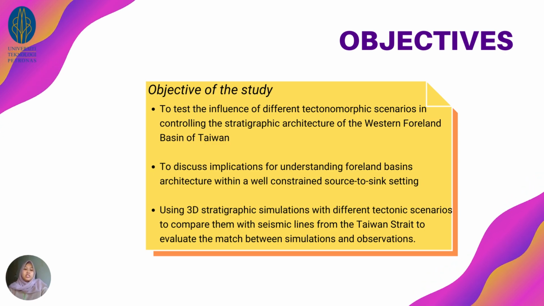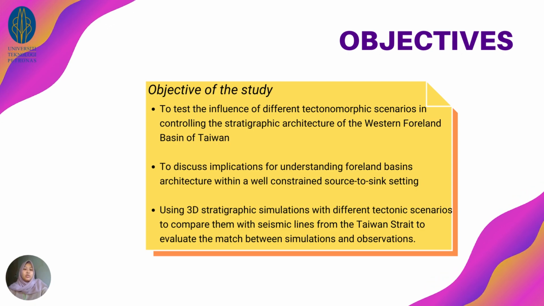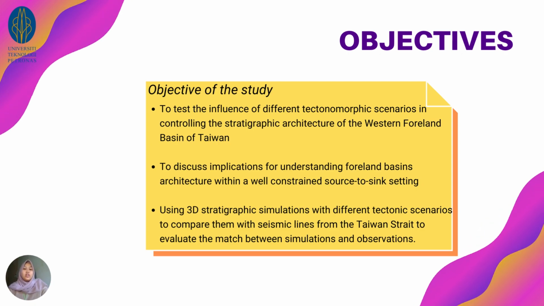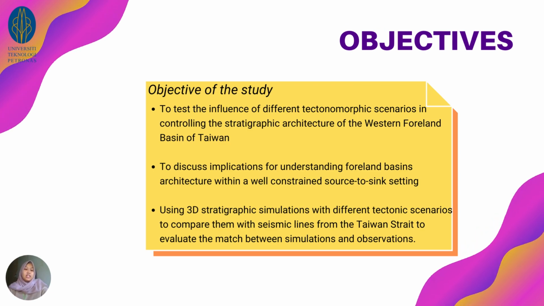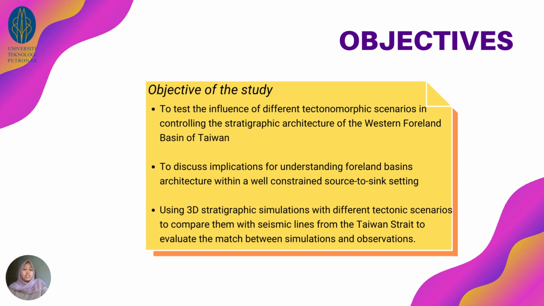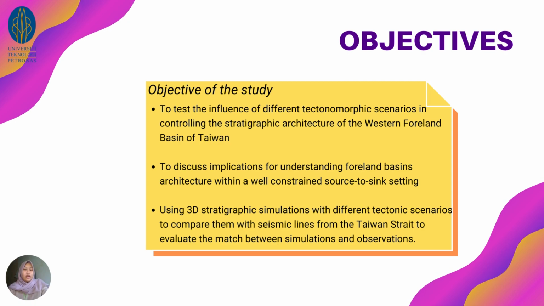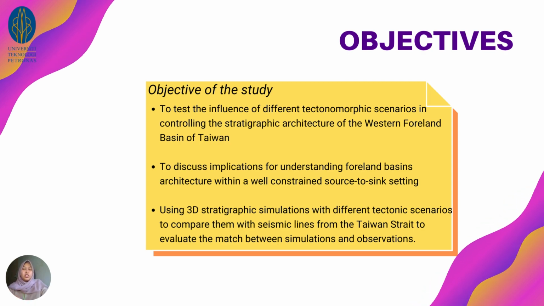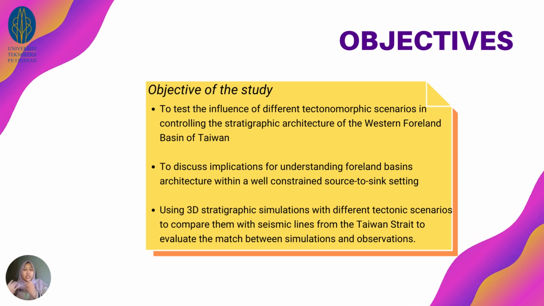Second is to discuss the implication for understanding the foreland basin architecture within the well-constrained source to sink setting. And lastly is using 3D stratigraphic simulation to compare and match between the simulation and the observation of the Taiwan Strait or the Taiwan Basin.